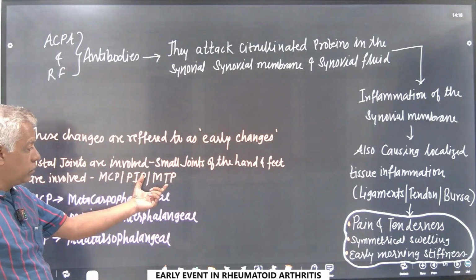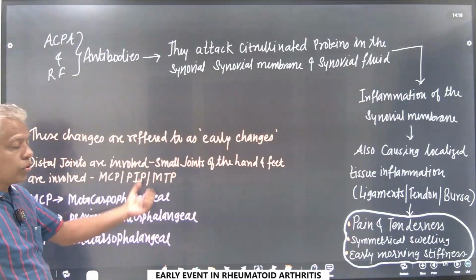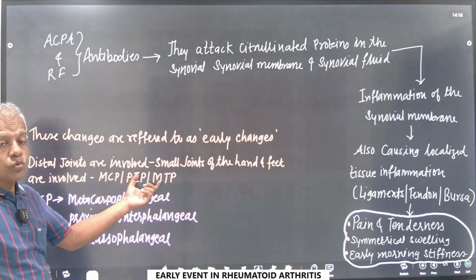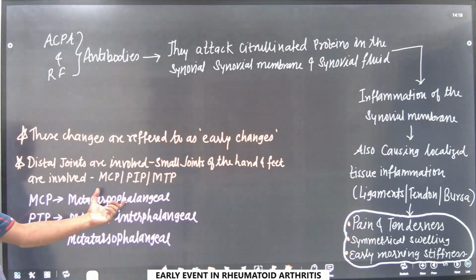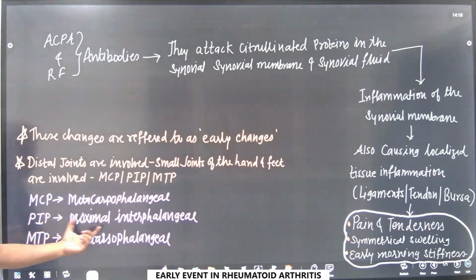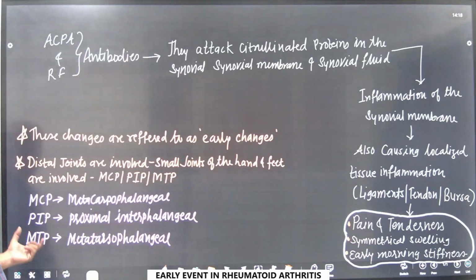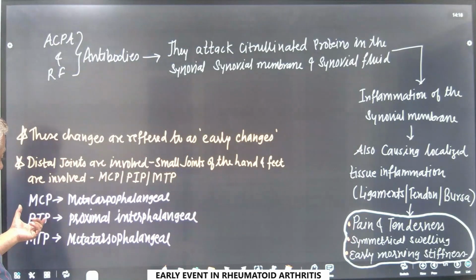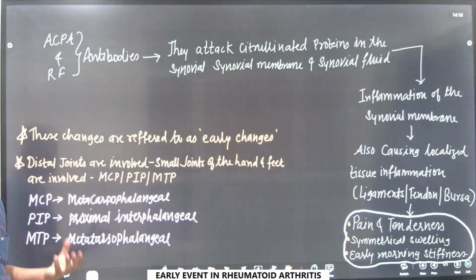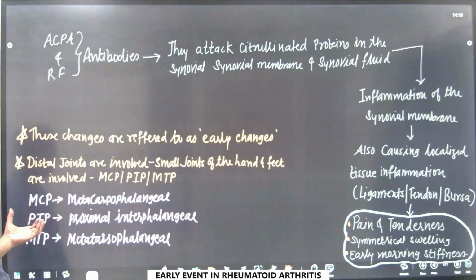And MTP, if the joints of the feet are involved, then it is the metatarsophalangeal joint. Okay. So, MCP, metacarpophalangeal, PIP, proximal interphalangeal joint, and MTP, metatarsophalangeal joints. These two, the metacarpophalangeal and proximal interphalangeal joints, are usually involved first in this disease process.